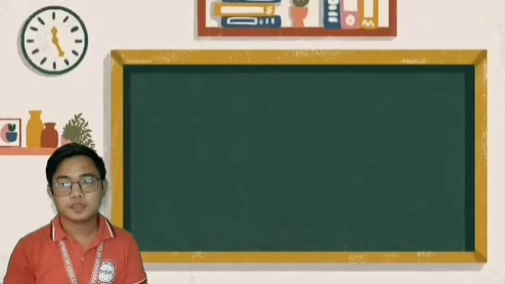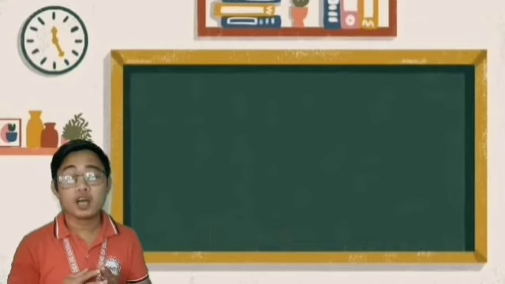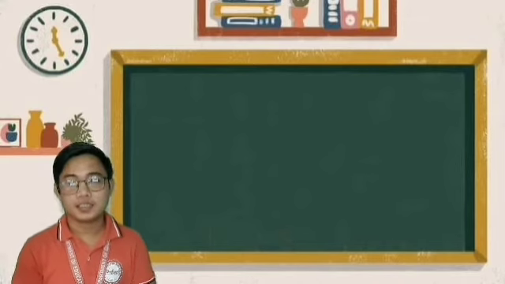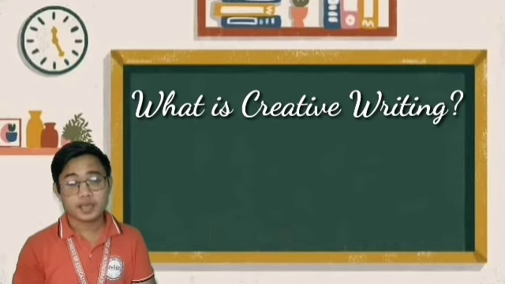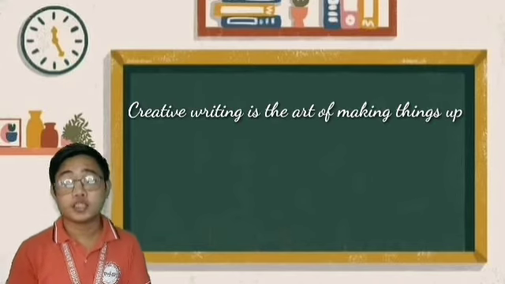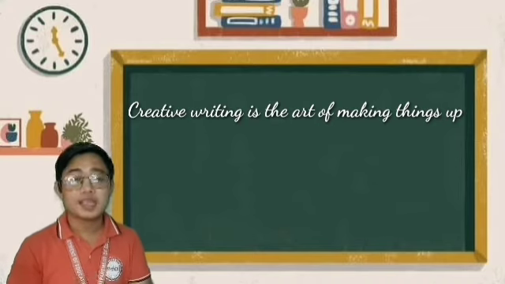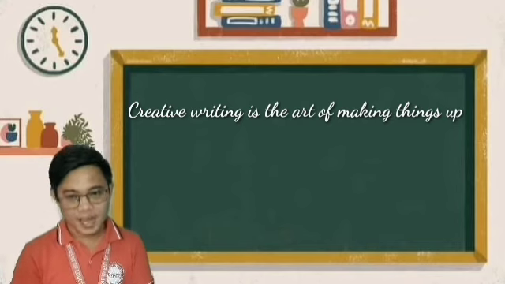Okay. Since we're done with our first activity, let us now talk about creative writing. So what is creative writing? Okay. So when we talk about creative writing, it is the art of making things up or constructing things up.